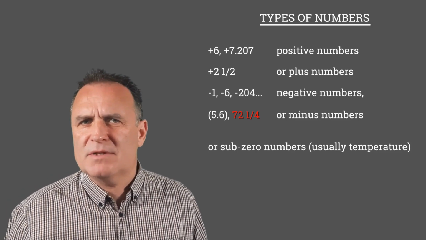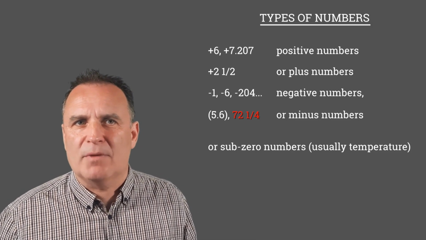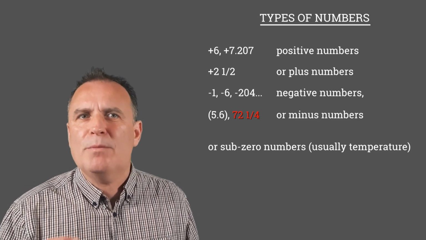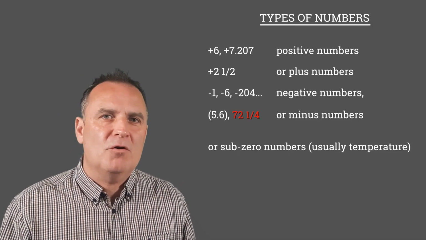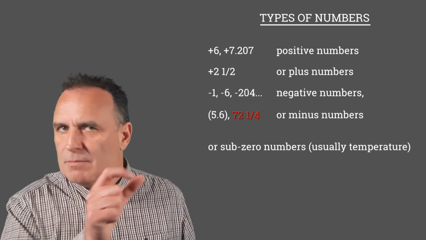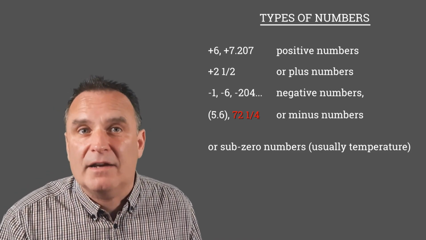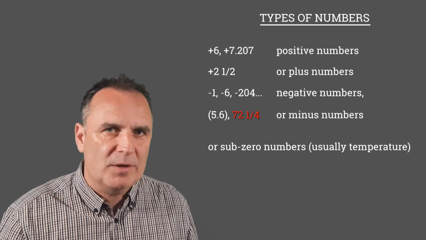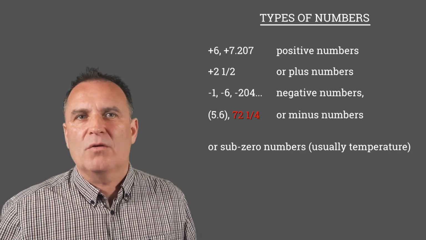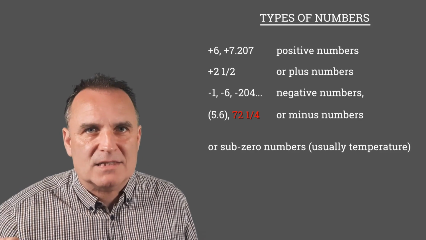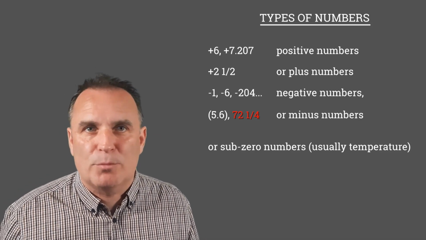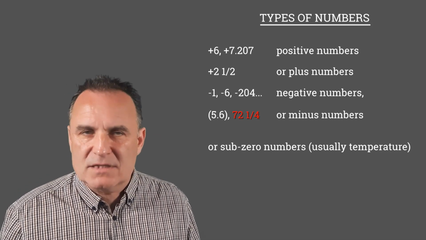Now you'll see there are some different protocols for representing minus numbers. Generally, we put the minus sign in front of the number. But for historic reasons, because that sign in fact is not very clear often on photocopies or whatever, there are some other ways of doing it. Sometimes we put the number in brackets, particularly in financial reports, accountancy or finance.